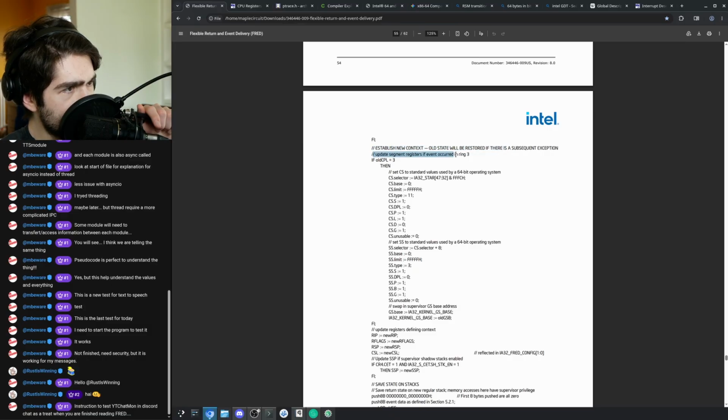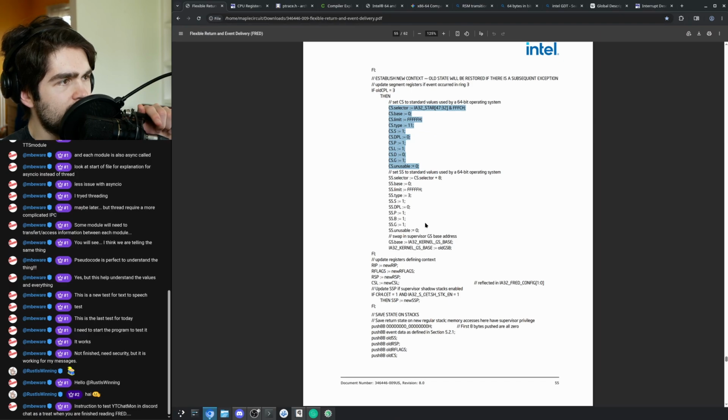Okay, update segment register if event occurred in ring 3. So if old CPL equals 3, then set CS to standard value used by a 64-bit operating system. So I'm assuming that all of this is just bog standard.